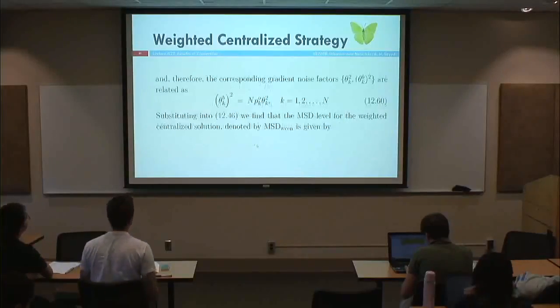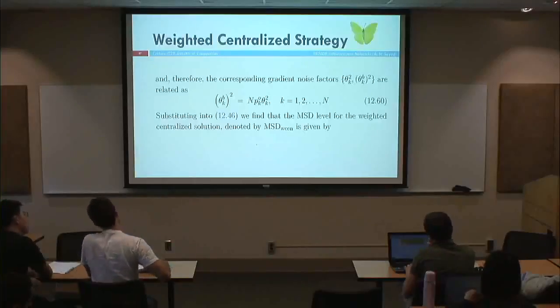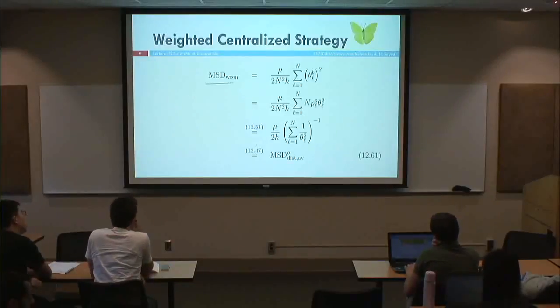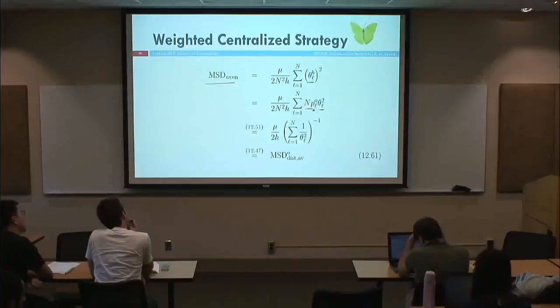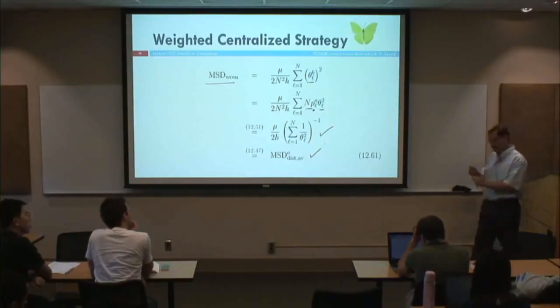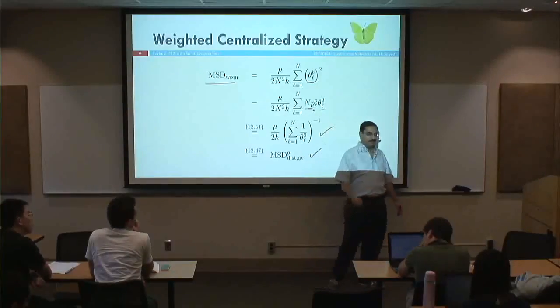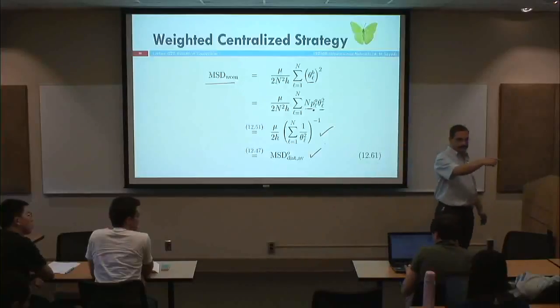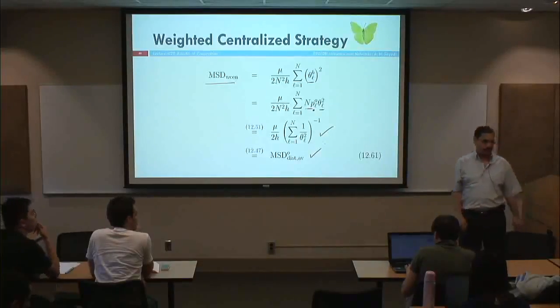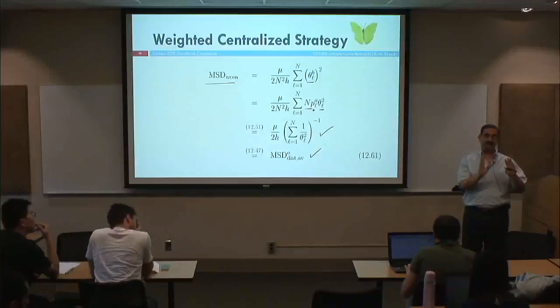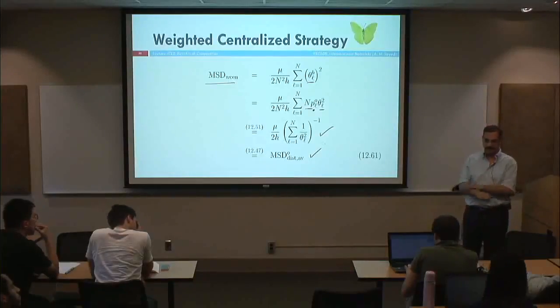If you carry out these scalings, you will find out that the new MSD, because the new theta is np times the old theta, and the new p here, we know what it is, you will find out that the expression will match. You understand? So if you scale your weighted solution in a similar manner, you can recover the best distributed solution, right? So that was not an anomaly. It's just because you are not giving enough information to the centralized solution, correct?